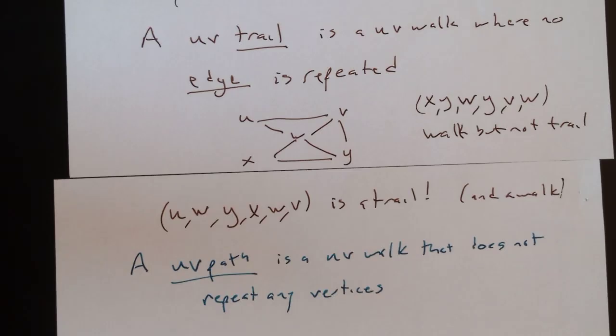Do I have the ability to repeat an edge in a path? If I go back across an edge, don't I have to go back to a vertex I've already gone to? I have to repeat a vertex to repeat an edge. So every path is a trail as well as a walk.